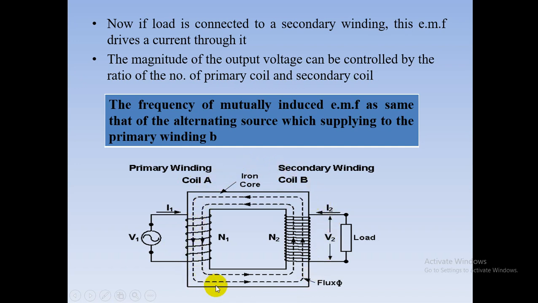So the secondary winding flux linking with the primary winding induces a voltage, that is, a mutually induced EMF in the primary winding. And the flux produced by the secondary winding inducing an EMF in the secondary winding itself is called self-induced EMF.